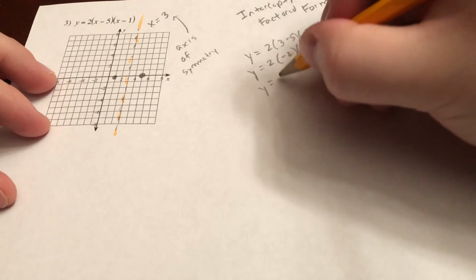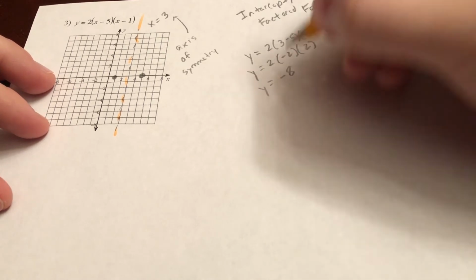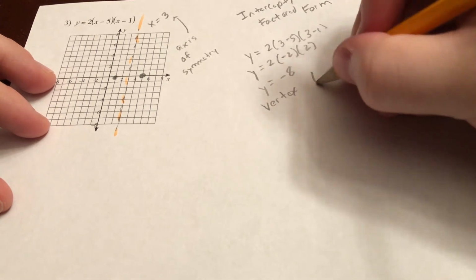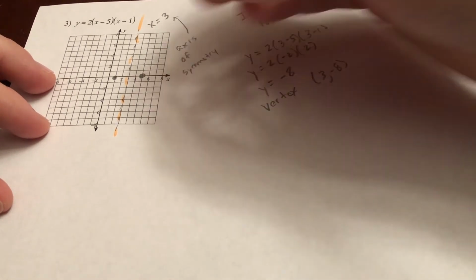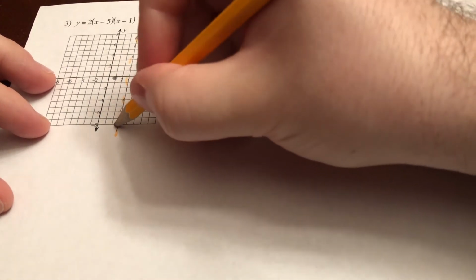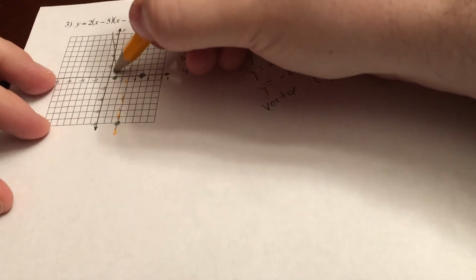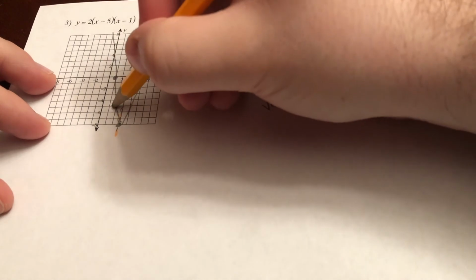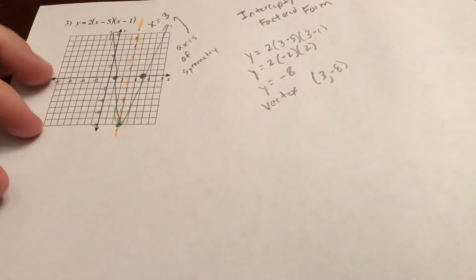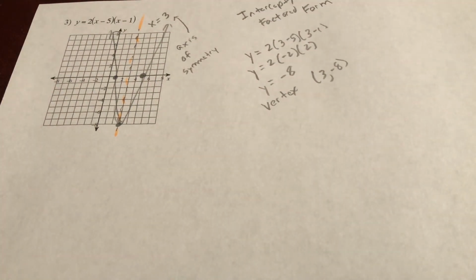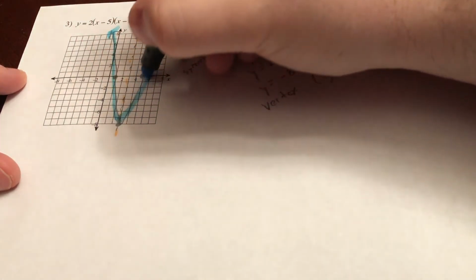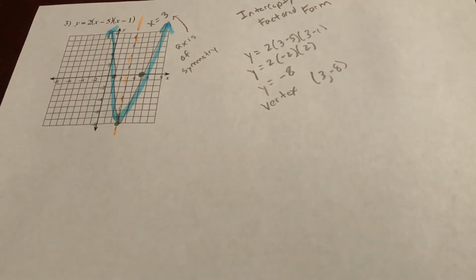So y equals -8. So the vertex is (3, -8). Looks kind of like that. There you have it.